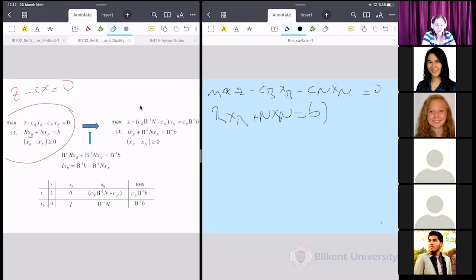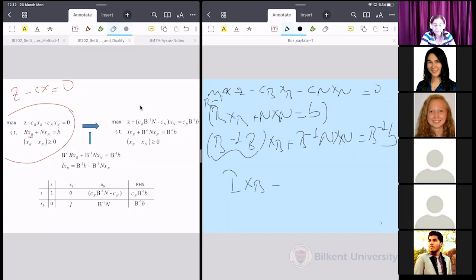Now, all I'm going to do is multiply this from the left-hand side with B inverse. Then it's going to be B inverse B times xB plus B inverse N xN equals B inverse b. Now this is identity times xB plus B inverse N xN equals B inverse b, right? That's what it is.